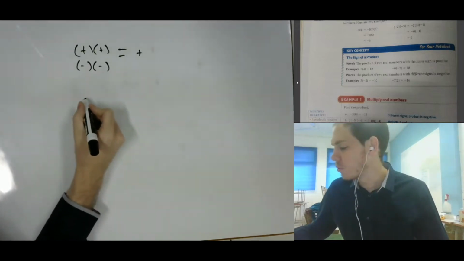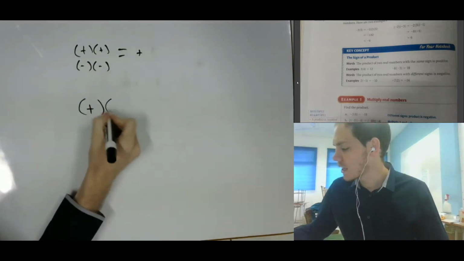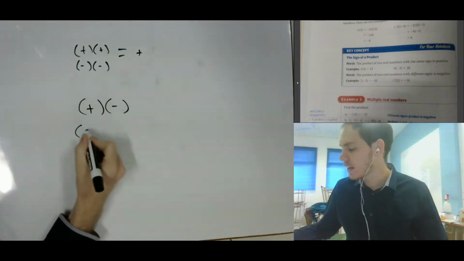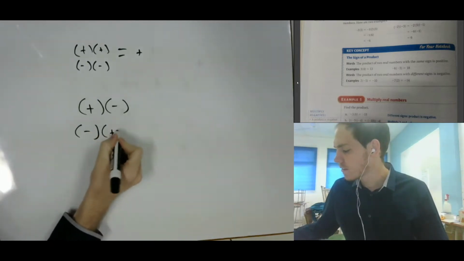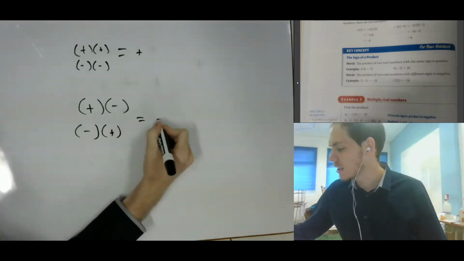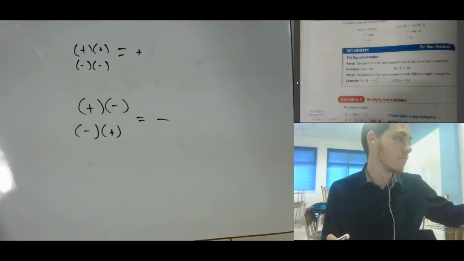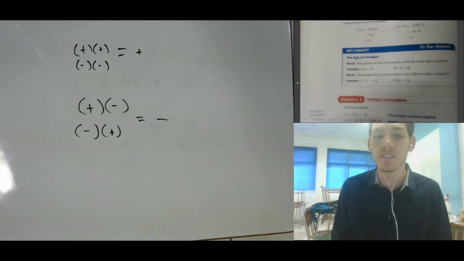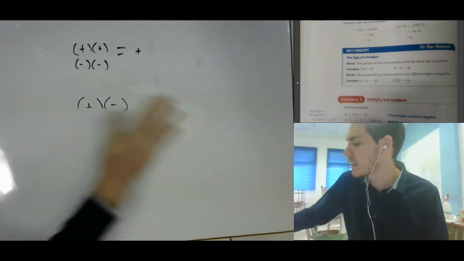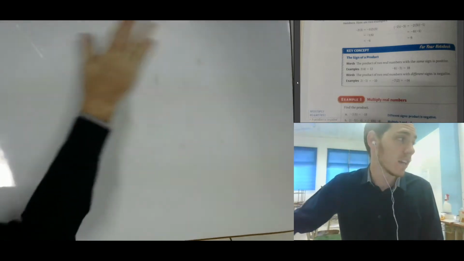But if you multiply a positive times a negative or a negative times a positive, what you will result with is a negative sign, okay? This is just the basics of the sign being whether we have positive or negative. Sign doesn't mean, it's kind of like signal. Sign means signal of what's going on. Okay.